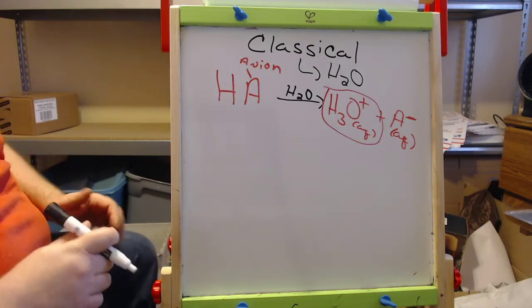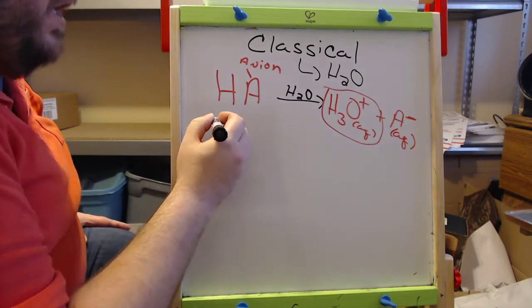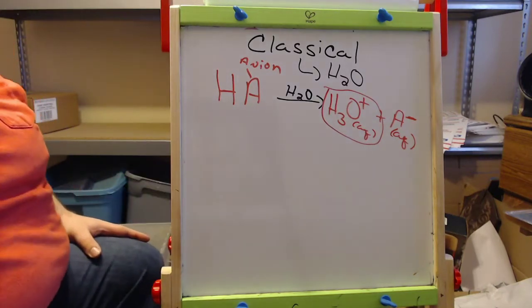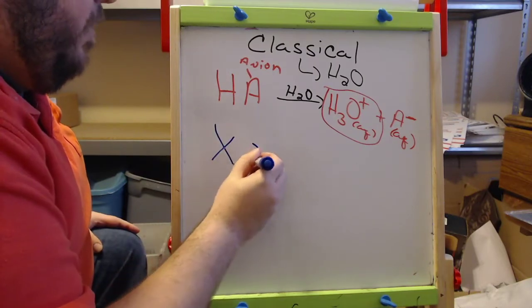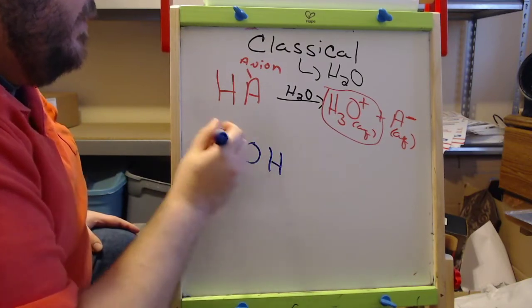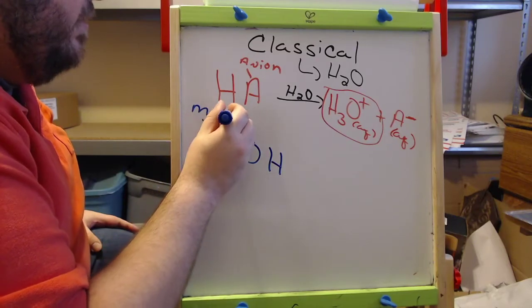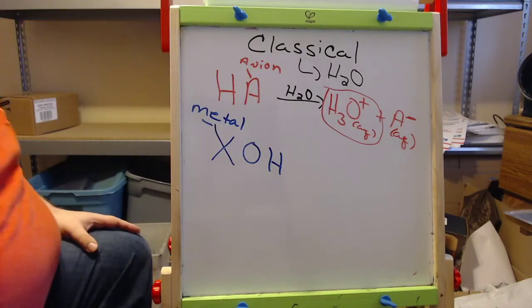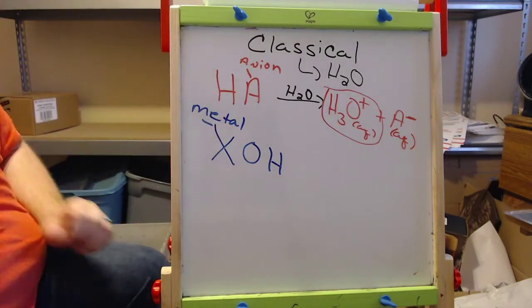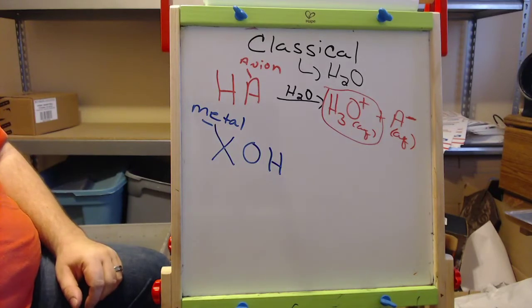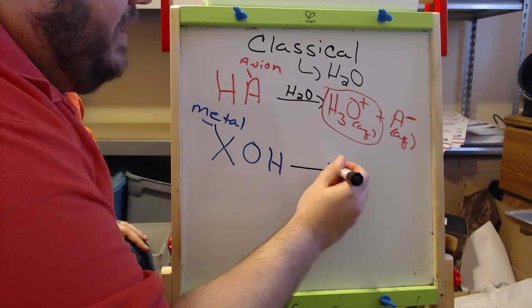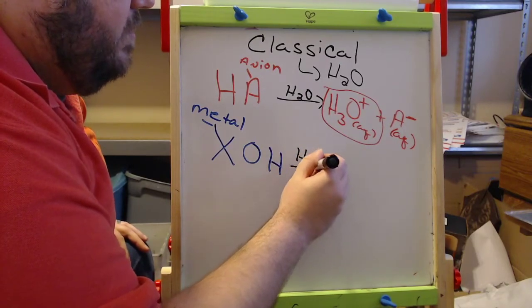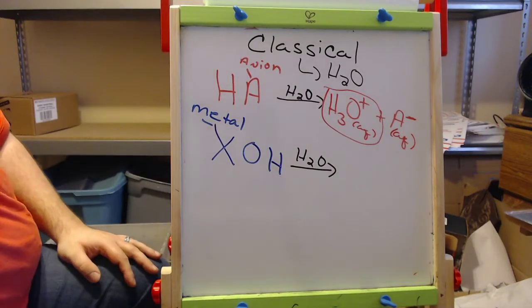Under the classical definition, here's the general form for a base, and I'll use blue for a base. The general form for a classical base has a metal that makes hydroxide soluble. The classical definition of a base is that if I place it into water, I dissociate.